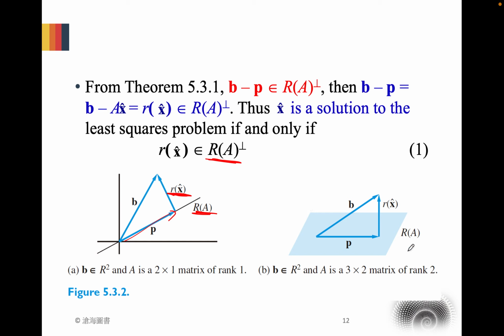If the column space of A is a plane, and B is a vector in three-dimensional space, then the vector P is the orthogonal projection on R of A, and the residual is in the orthogonal complement of the column space of A. Right? So this is the early introduction of the so-called least square solution.